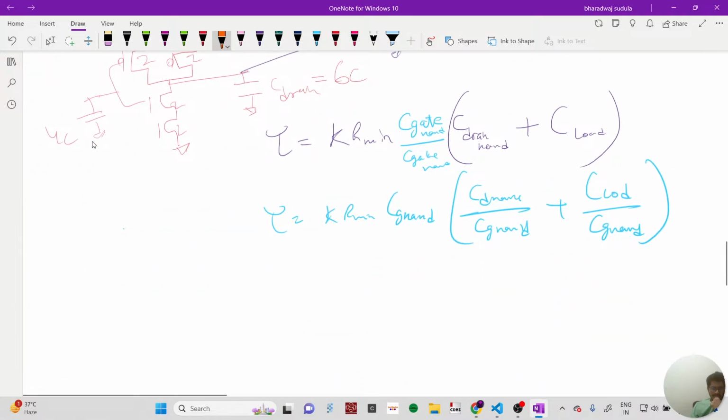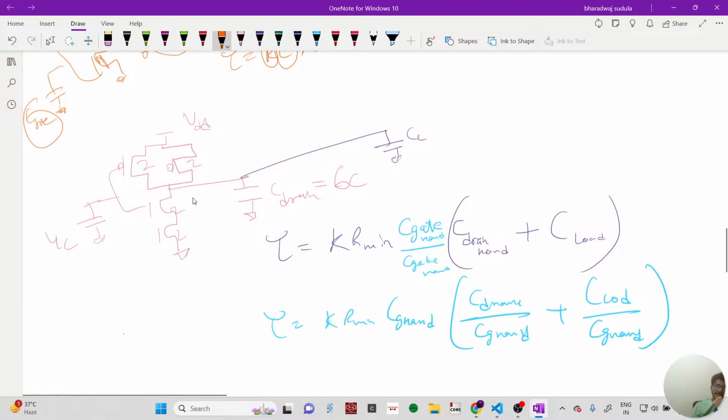So again, if I want the drain cap of the NAND gate, I need to extract this gate cap here, and I need to extract the input gate cap here, and R is also important.